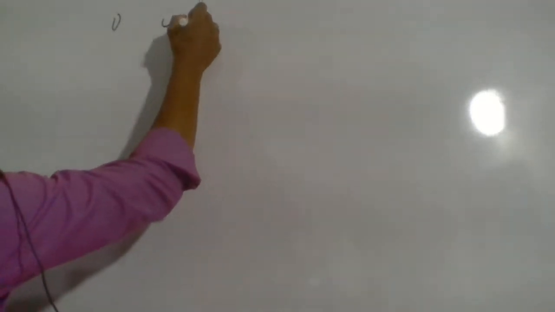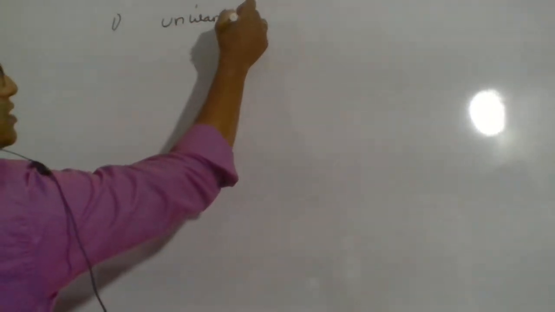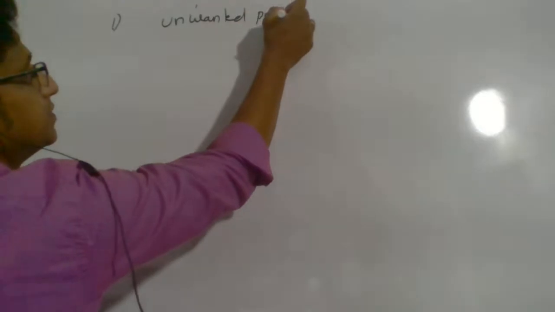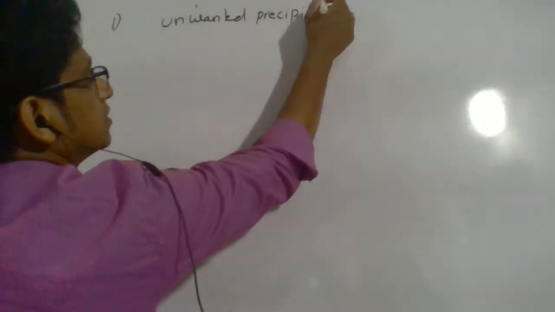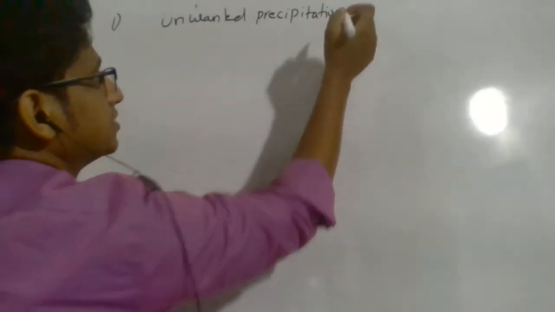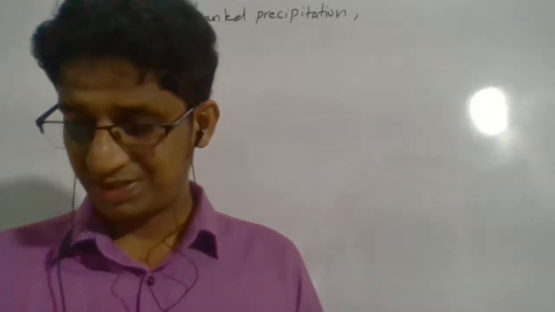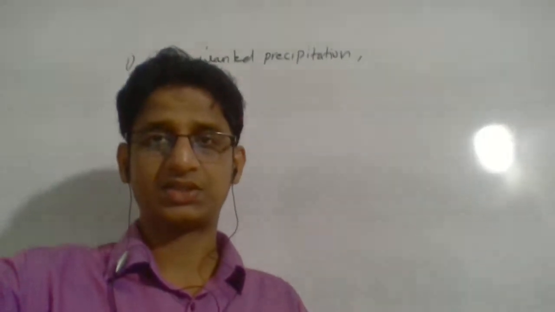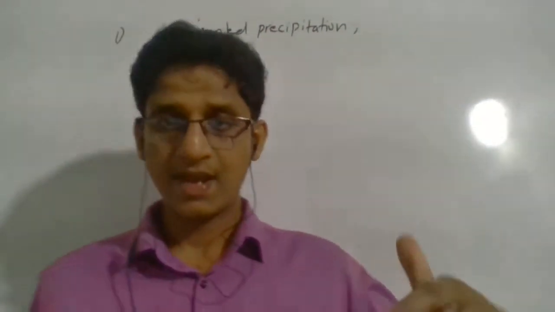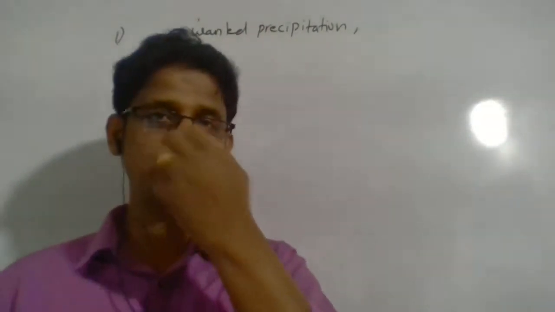Let's see how they interfere. The first point is that they cause unwanted precipitation on addition of the group reagent. What does it mean? It means that these anions cause an unwanted precipitate which we do not expect.